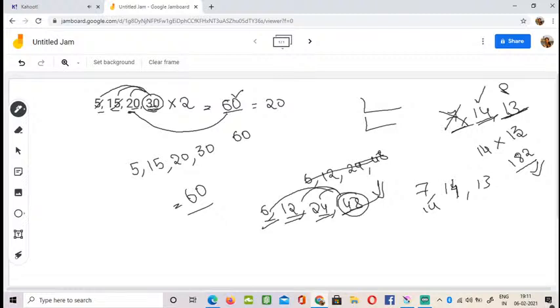That is going to be your LCM. To say it in simple words, the number which is divisible by the rest of the numbers, which is 7, 14 and 13, is going to be your LCM. I hope everybody understood what I have said.